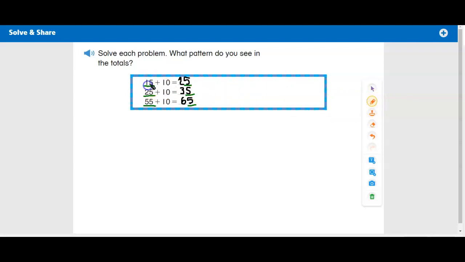Each time we added 10, our tens digit increased by 1 each time. 1 to 2, 2 to 3, and 5 to 6. Let's look at another way to solve on our next page.